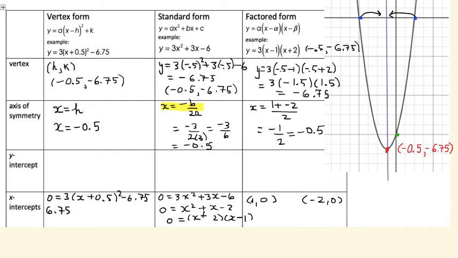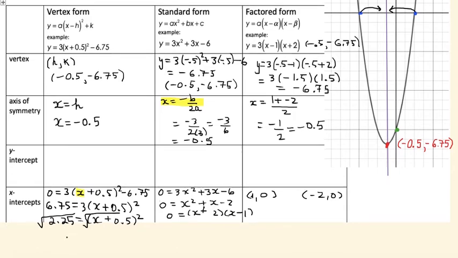Okay, so what we're interested in here is this x value. And then we are going to divide both sides by 3. So dividing by 3 gives 2.25 equals x plus 0.5 squared. Okay, the next step is we're going to square root.